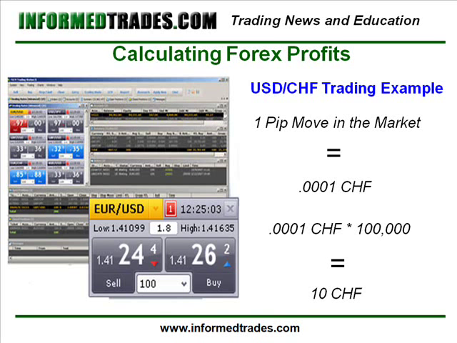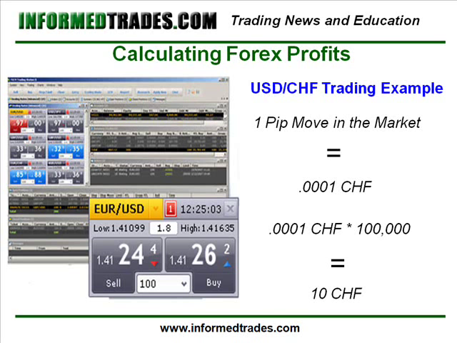So the reason why the pip value fluctuates where the dollar is not the second currency in the pair is because we must then take that, in this example, 10 Swiss francs and convert it back into US dollars to get the US dollar pip value, which is done at the current exchange rate of the US dollar and the Swiss franc.